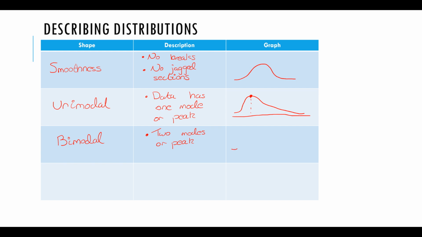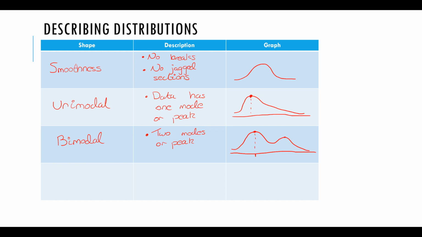So we could have them like this. So you can see if we were looking for the statistical definition of the mode, this first peak would be the definite mode, because it's the point on the graph, it's the data that has got the highest frequency. There's no higher point anywhere along the curve.